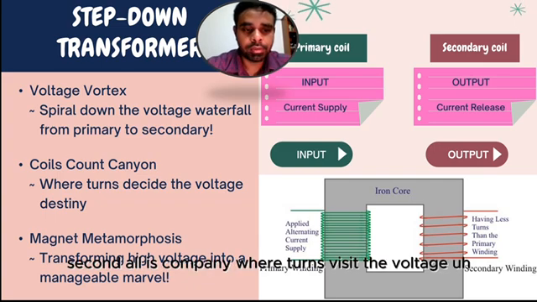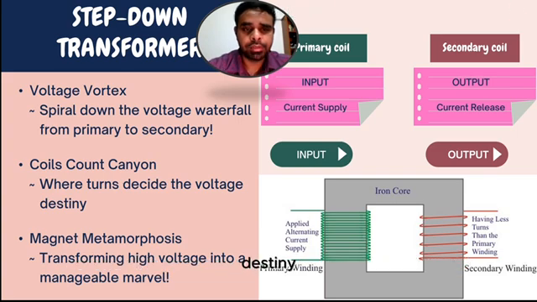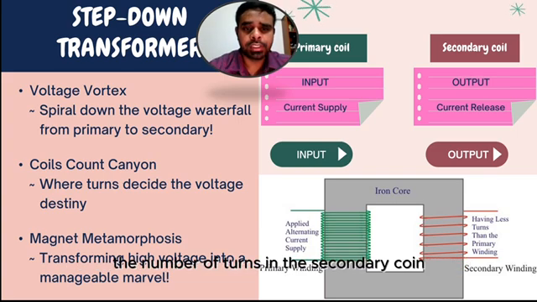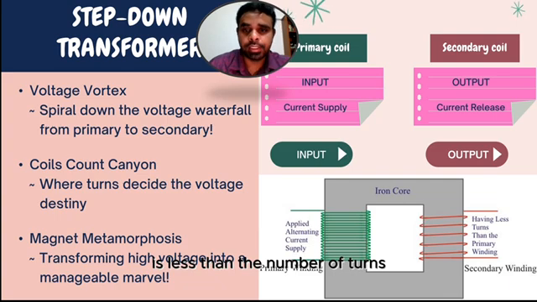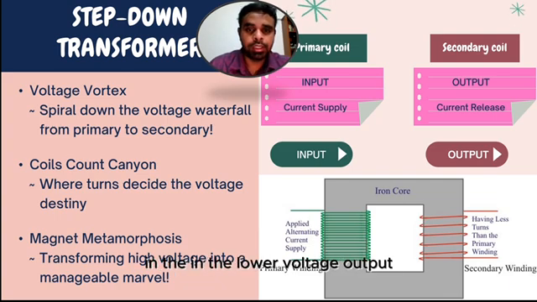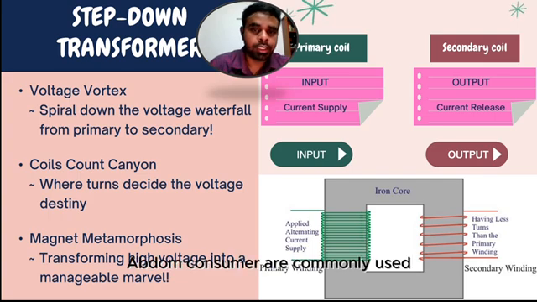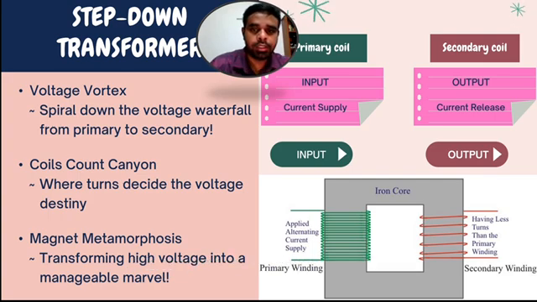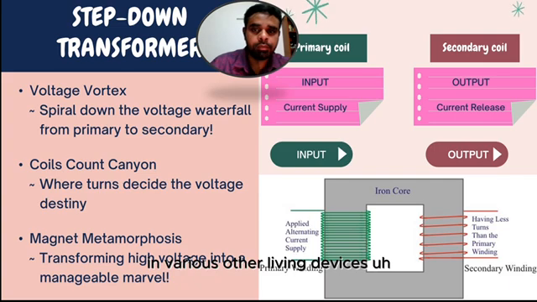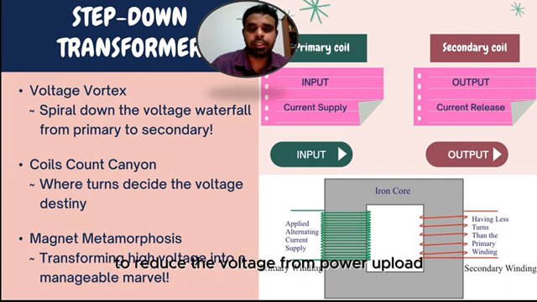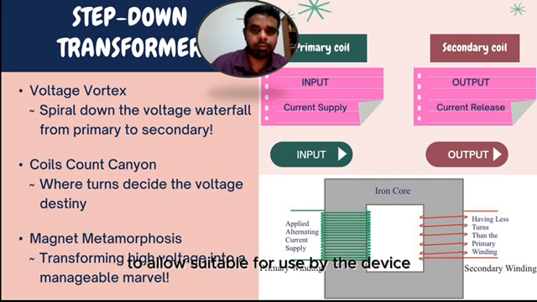Secondly, coils count canyon, where turns decide the voltage destiny. The number of turns in the secondary coil is less than the number of turns in the primary coil, resulting in a lower voltage output. Step-down transformers are commonly used in various electronic devices and appliances to reduce the voltage from the power outlet to a level suitable for use by the device.